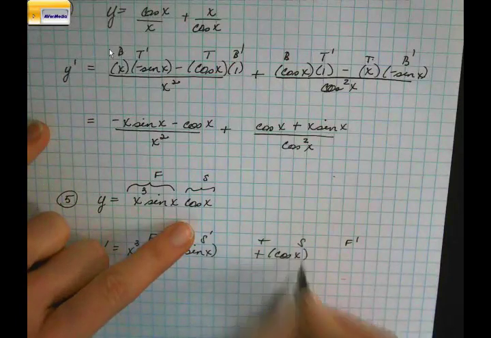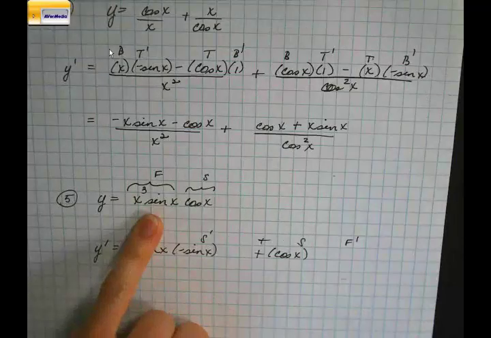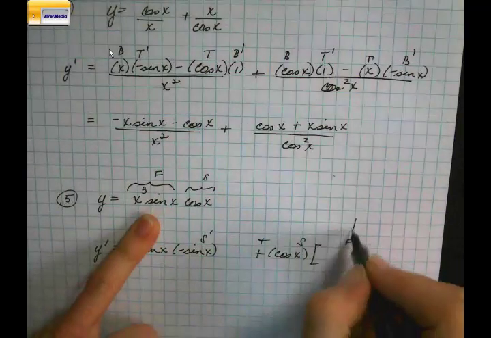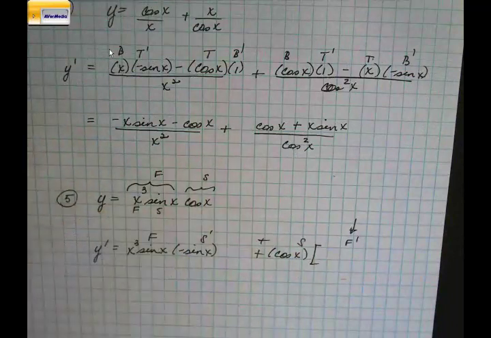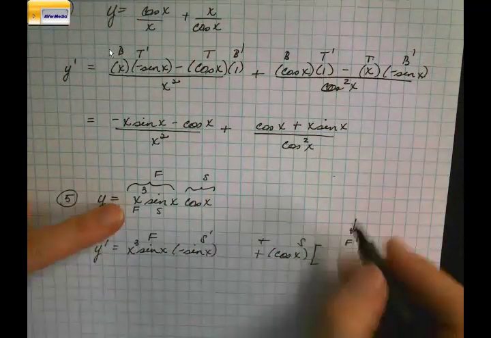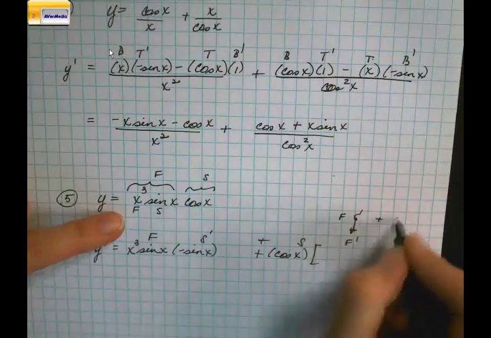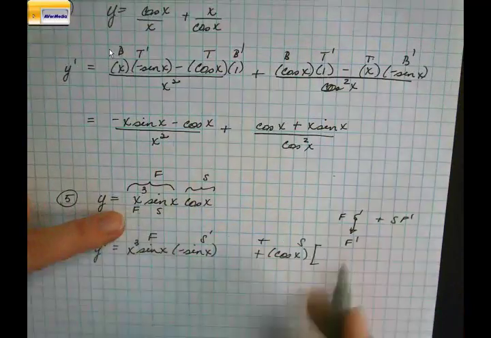Well, the second is cosine x, but the first is the derivative of x cubed sine x, which is another product rule. So inside here, this is another product rule, another first and second nested. This is the first times the derivative of the second again, plus the second times the derivative of the first, where the first is x cubed.